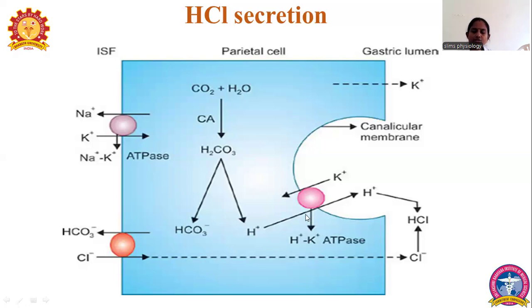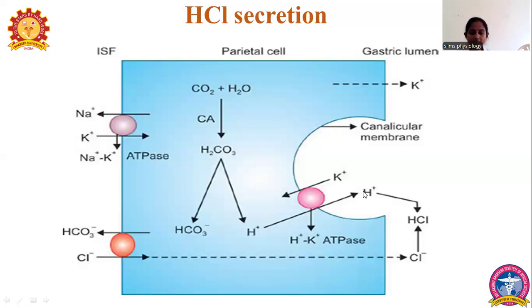So hydrogen has to move into the lumen and potassium has to get into the cell as an exchange process, but this requires a lot of energy. Normally the energy is utilized in the form of ATP. The hydrogen concentration on the luminal side is very high compared to the hydrogen concentration inside the cell or the plasma, so it has to move against the concentration gradient.